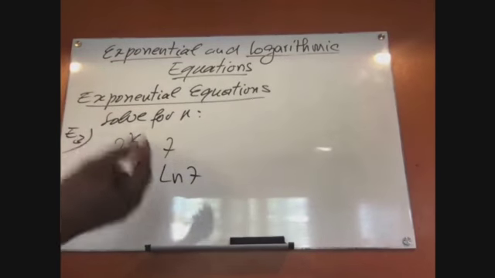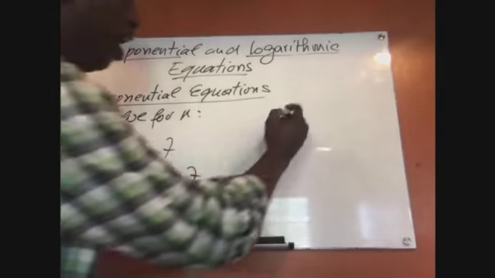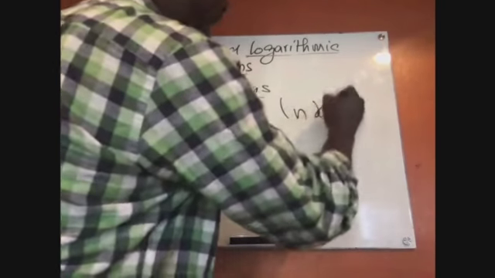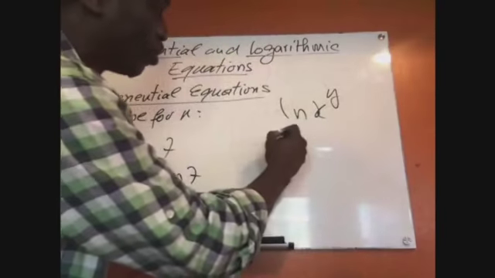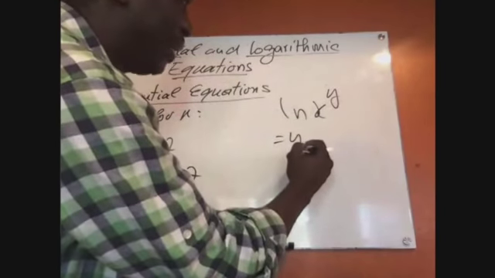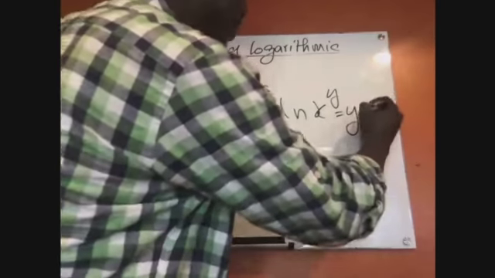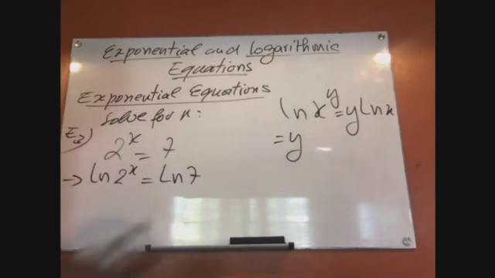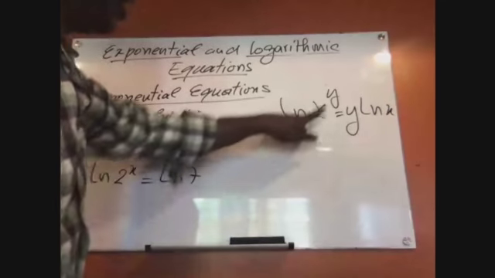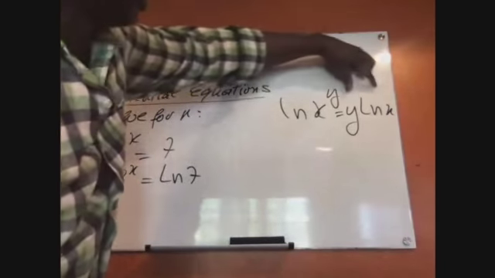Now, remember the rule that I gave you last time on the law? It says ln of x to the power y is equal to y ln of x. Remember the law that I gave you last time? If you see something such, that's what it is.